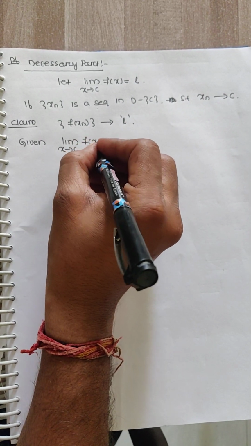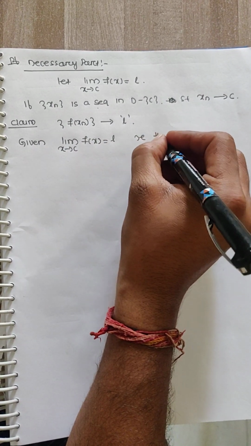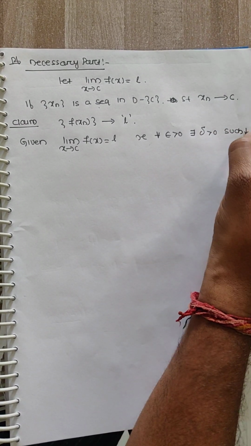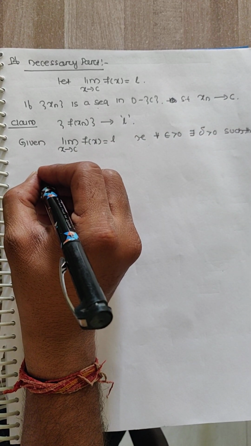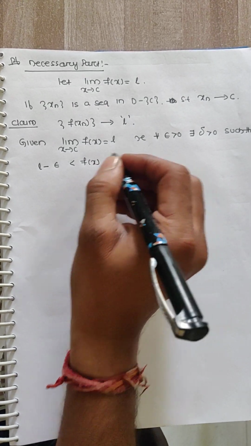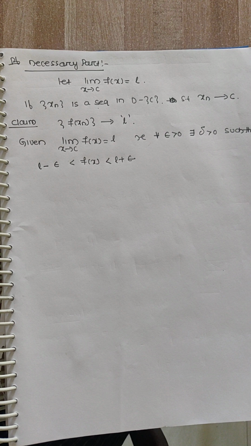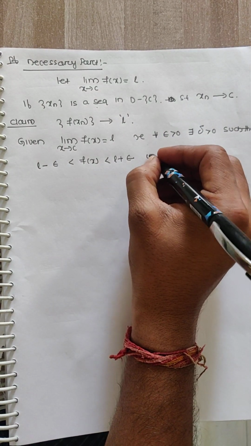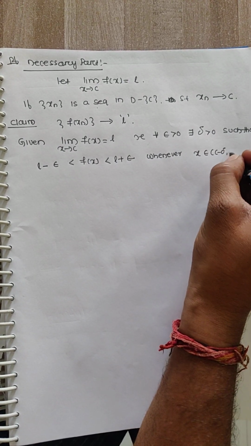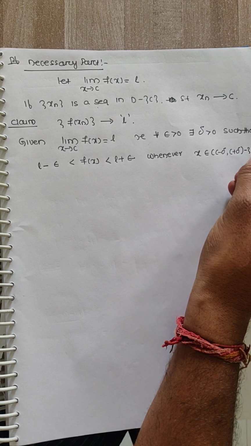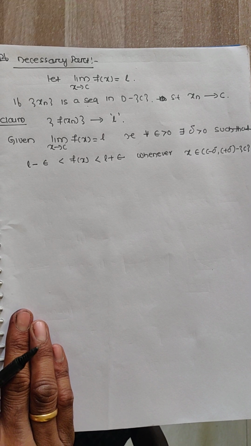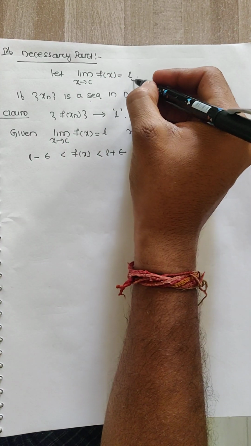That means for all epsilon greater than 0 there exists delta positive such that f(x) lies between L minus epsilon and L plus epsilon whenever x belongs to the deleted delta neighborhood of c. This is our given for the limit existence.